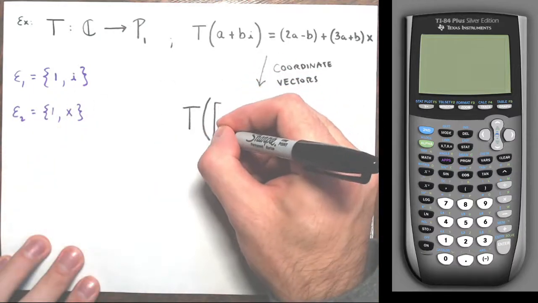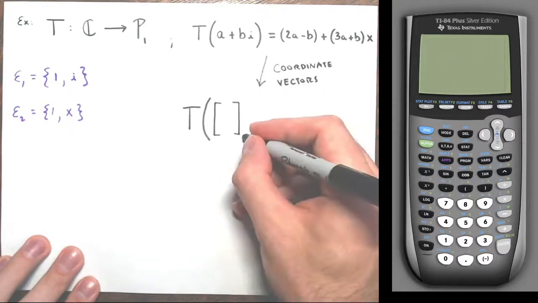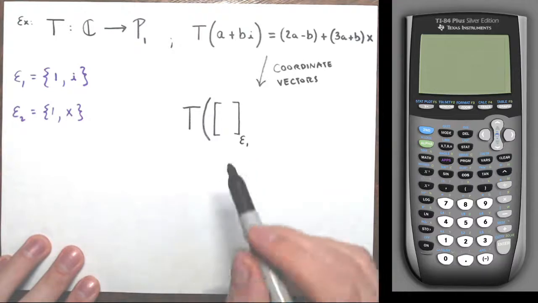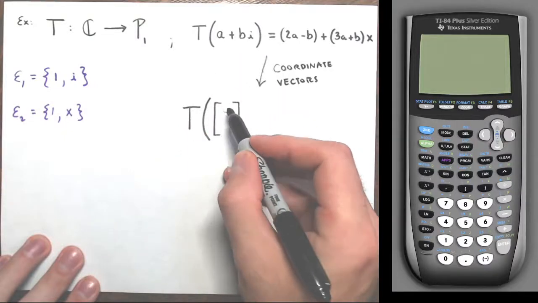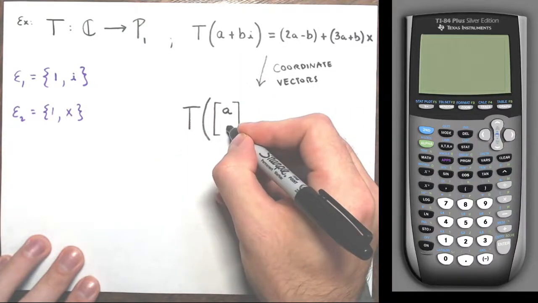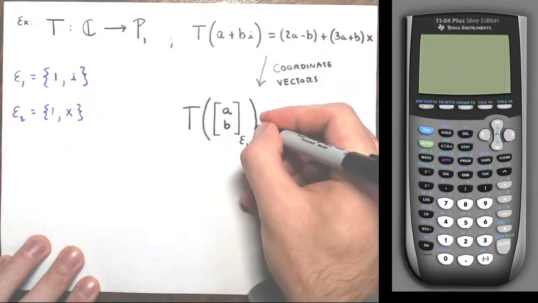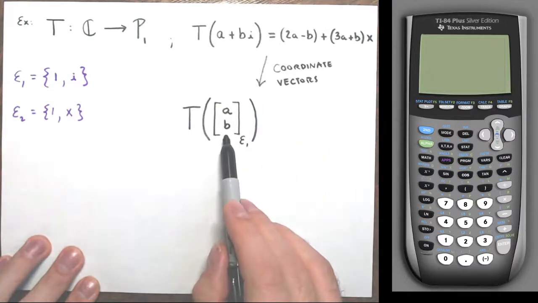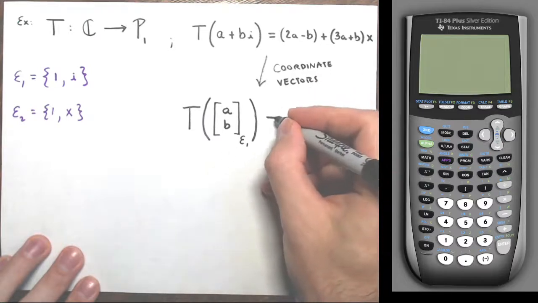So that is two basis vectors in it, so the coordinate vector will have 2 coordinates, and again, this is with respect to that basis E1. So I put a little E1 there. The first coordinate is just the coefficient of 1, which would be a. The second component is the coefficient of i, which would be b. So there's the input a plus bi represented as a column coordinate vector relative to basis E1.